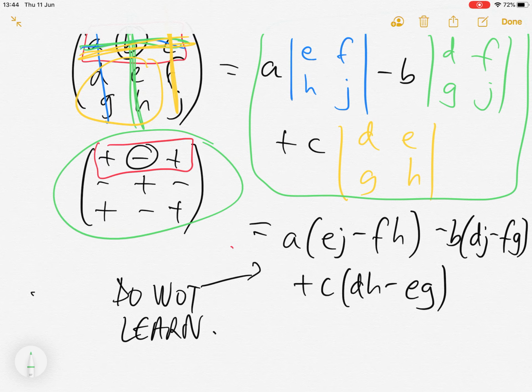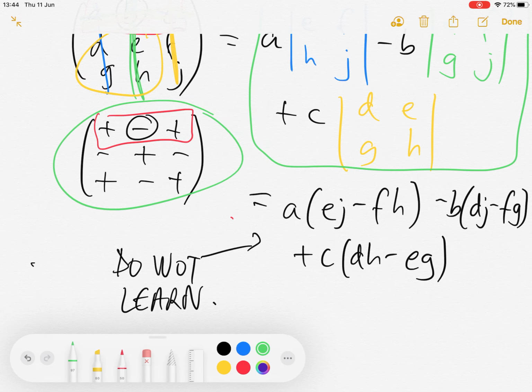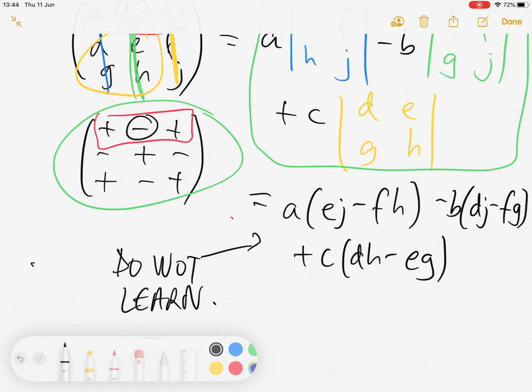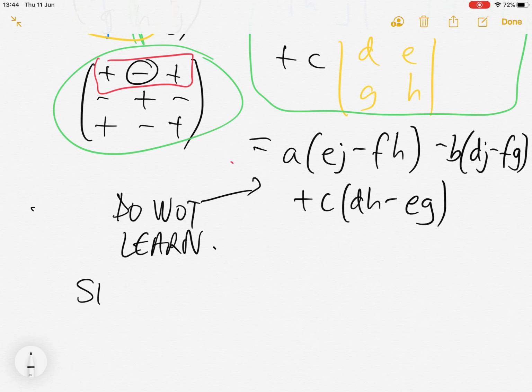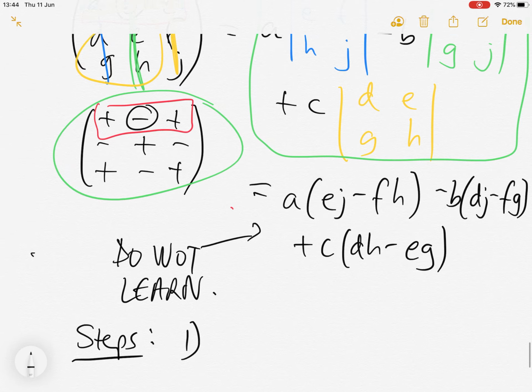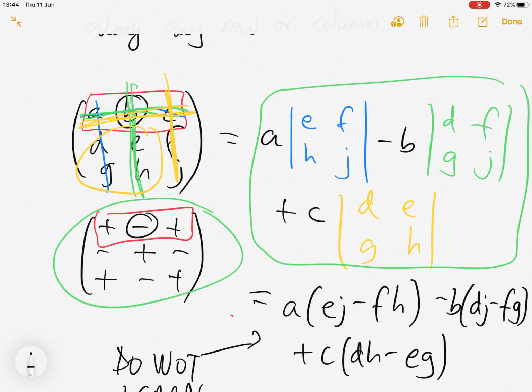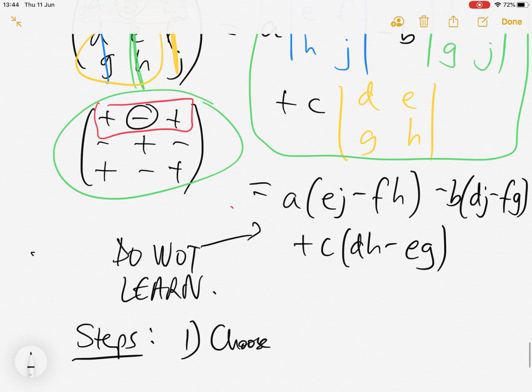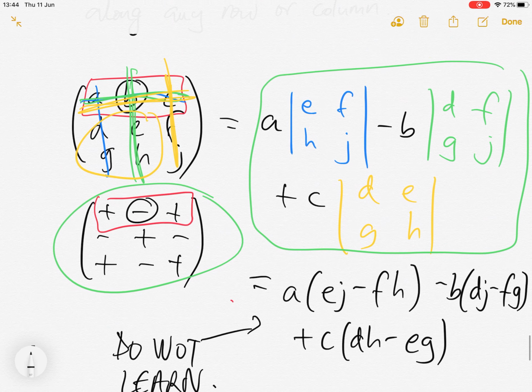So perhaps we'll just write down some steps for how to work out 3 by 3 determinants. Step 1 would be choose a row or column to expand along. Remember I chose the first row.